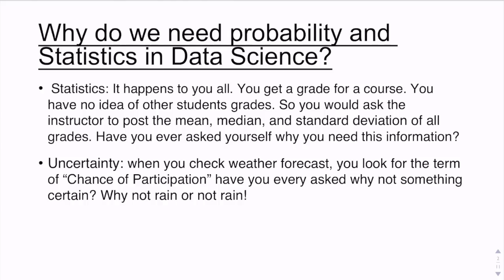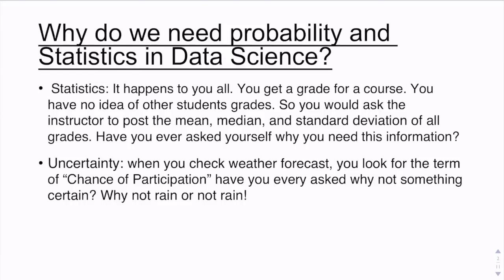One very popular example is the weather forecast. When you're checking a weather forecast website, probably you are not looking for something certain. You are always looking for some chance of precipitation, rain or snow. So for these two main reasons, we need and use statistics in data science.